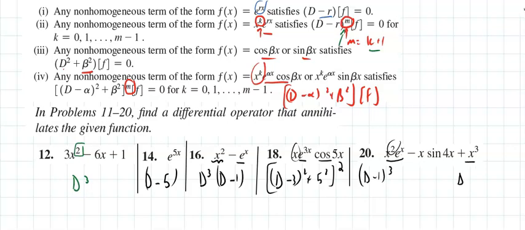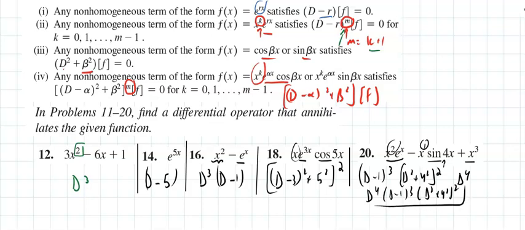This is d to the 4th, and this sine will be d squared plus 4 squared. And the fact that there is an x to the 1 in front of it, you go one power higher. So you could put them in order if you want. You could say that's d to the 4th, d minus 1 cubed. You could leave them as they are. It doesn't really matter. In any order you apply those, they will annihilate all of these functions combined or any combination of them.